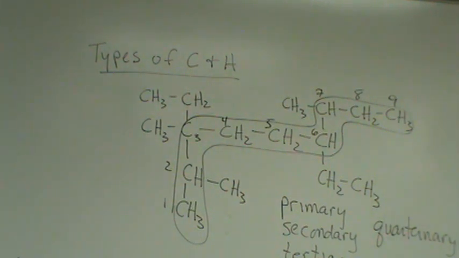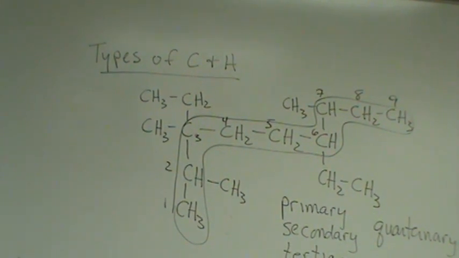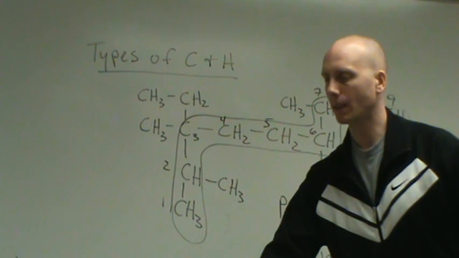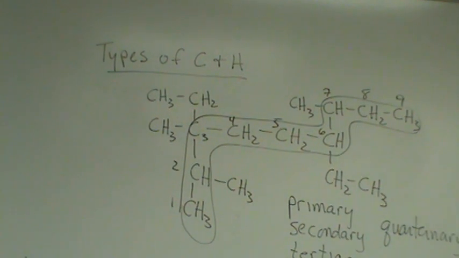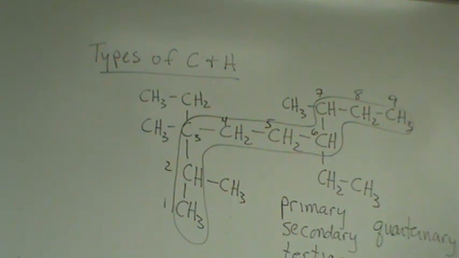Okay, your carbon types can be classified into one of four types. Primary, secondary, tertiary, and quaternary. Okay? So how do I tell what kind of carbon type I'm dealing with? Let's take a look and see how easy this is.